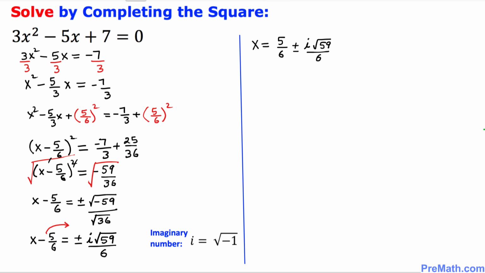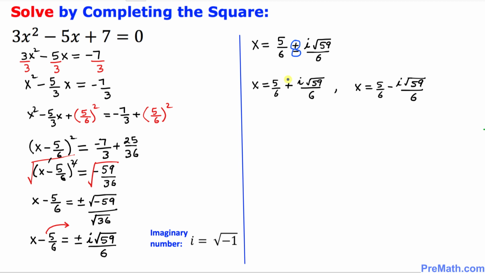And now in the next step, we are going to separate these numbers along the positive and negative sign. So I can write x equal to 5 over 6 plus i times square root of 59 divided by 6 as our first solution. And the second one is going to be x equal to 5 over 6 minus i times square root of 59 divided by 6.